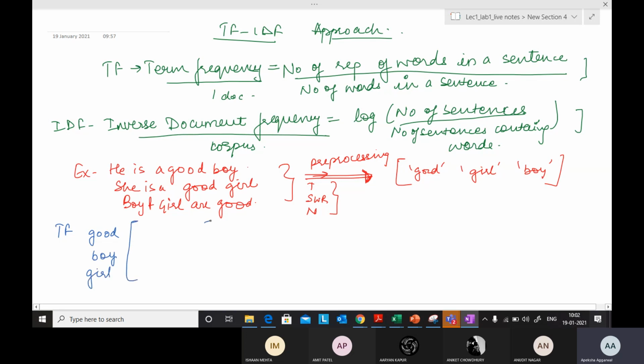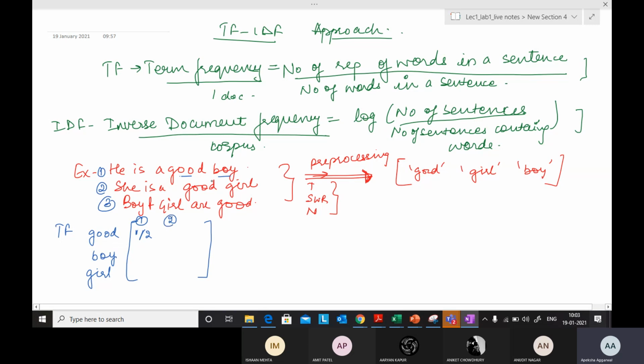I will calculate the frequency or presence of each word in each sentence. In the first sentence, good appears 1 time, and the total number of words were good and boy, so out of 2. So good is appearing 1 time and total words were good and boy. So 1 by 2, right?